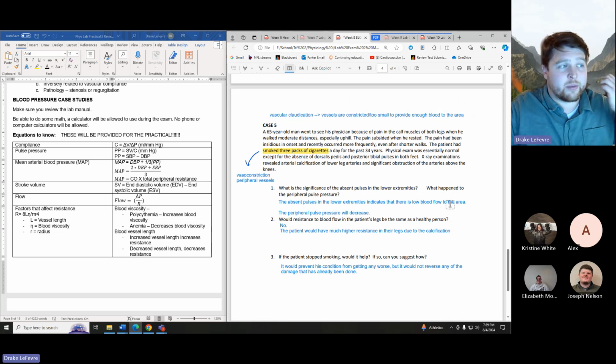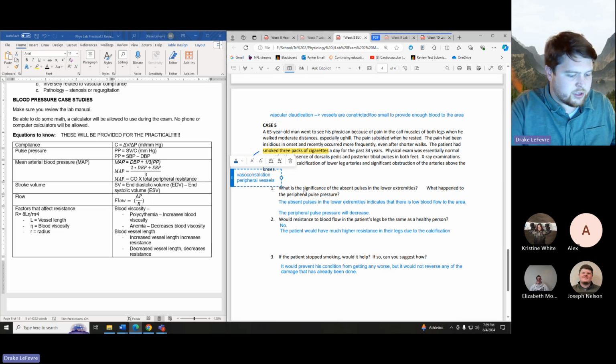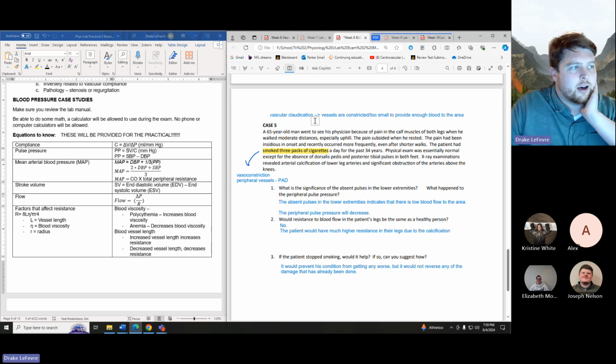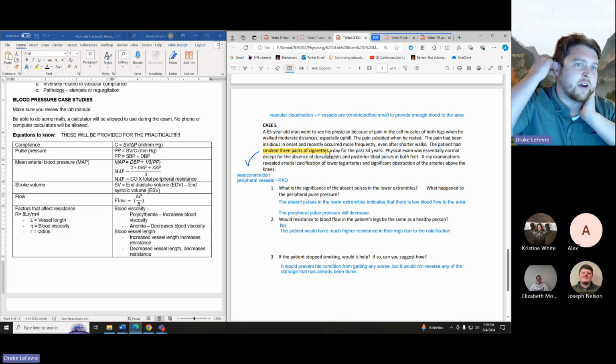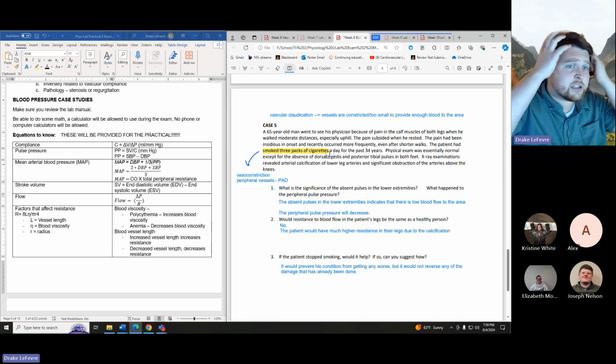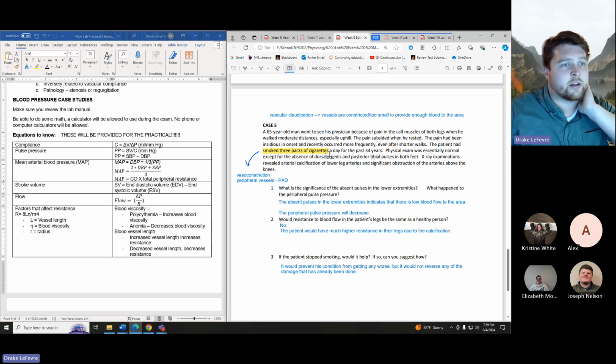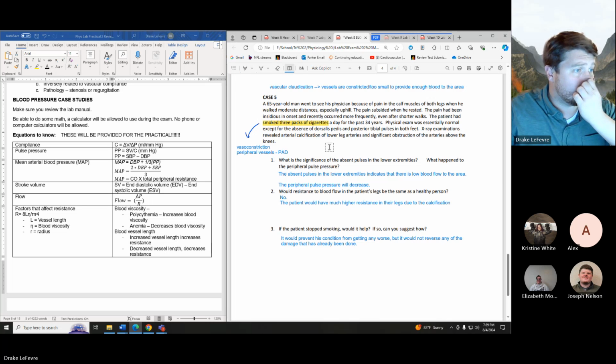You start moving, somebody who's a smoker, peripheral vessels give vasoconstriction. This is called peripheral artery disease. You start moving, your muscles need more oxygen to work, but your vessels are constricted as well as calcified, with other issues from age and smoking and inflammation. Your legs hurt real bad.